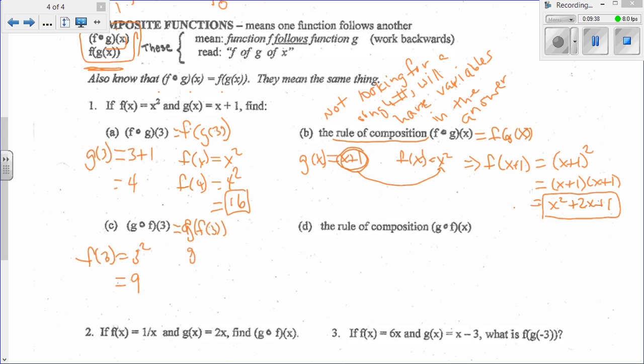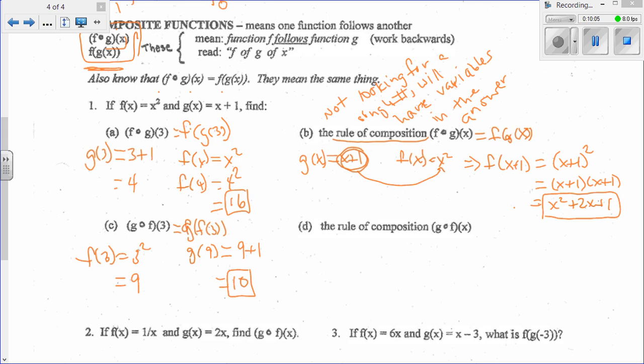Now I'm going to take g of 9, and g was x plus 1, so I'm going to put 9 plus 1 in its place. So my answer is 10. And that's the answer I'm looking for. Substitute in the f first, get your answer, take your answer, put it into g, get your new answer.